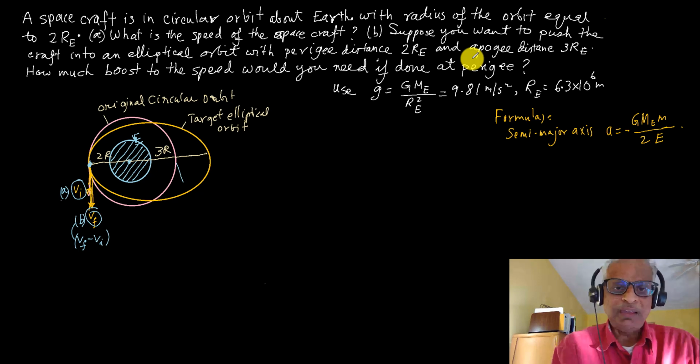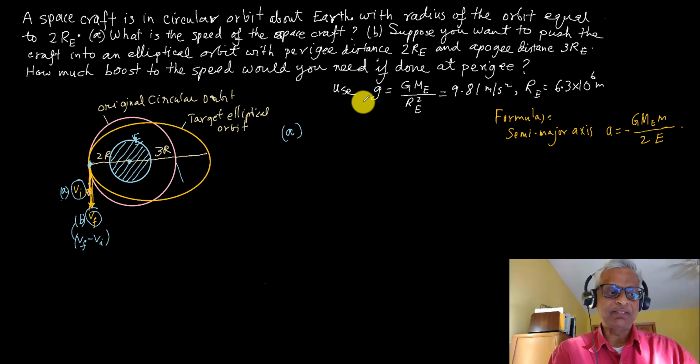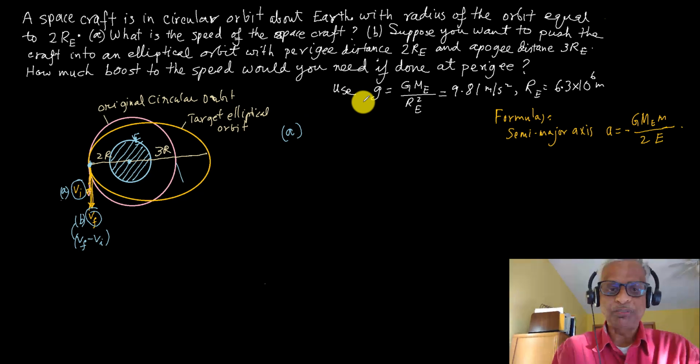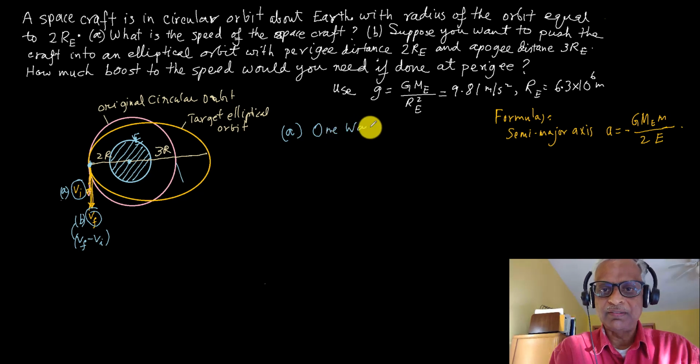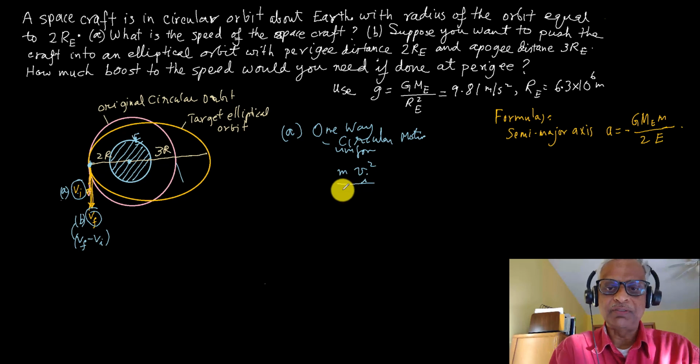Okay, so let's do part A, which is kind of easy. You can do it many different ways. You probably remember circular motion from much earlier chapters. One way is just uniform circular motion. So you have m vi squared over the radius of the orbit, which is 2re.